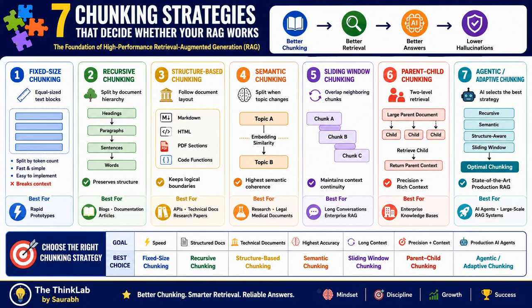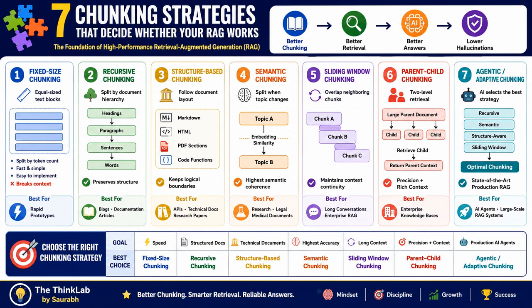So let's begin. What is chunking? That is the first question. Imagine you have a 500-page book and you cannot send the entire book to an LLM every time someone asks a question. Instead, you divide the book into smaller pieces. These smaller pieces are called chunks. When a user asks a question, the vector database searches these chunks, and the most relevant chunks are retrieved.